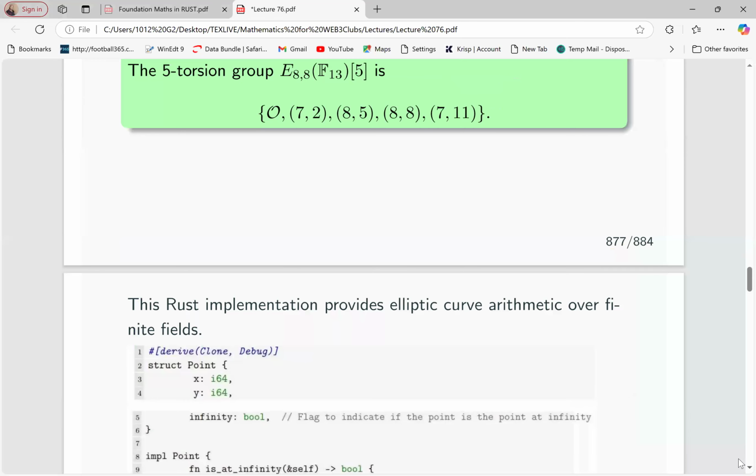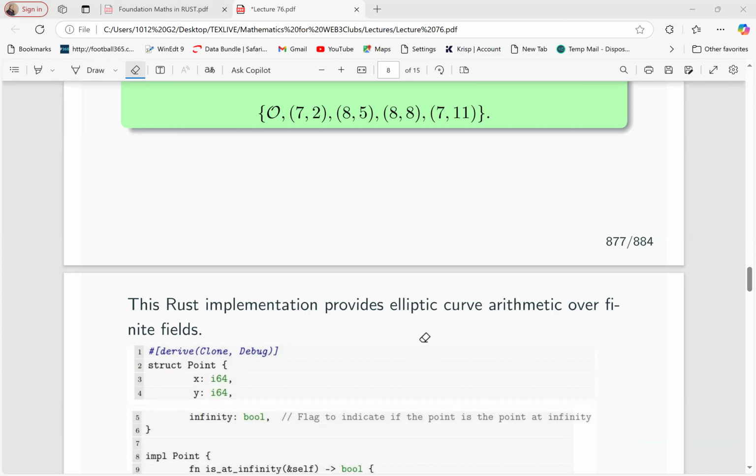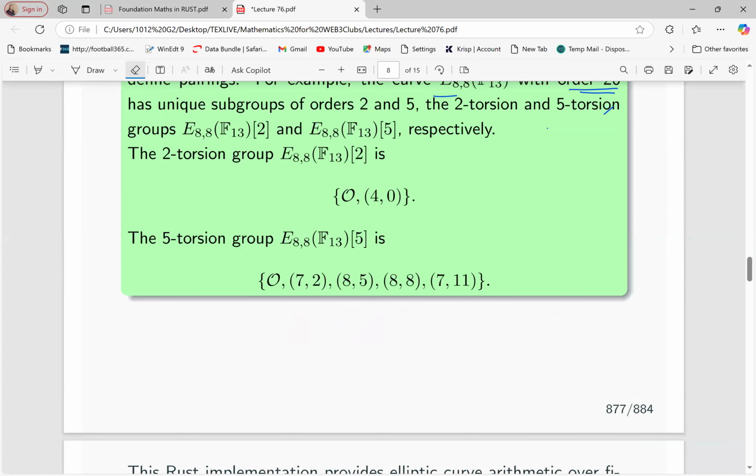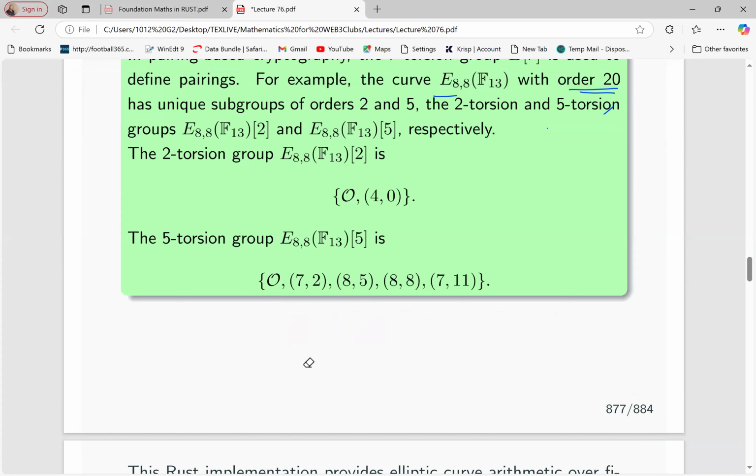Now, the Rust implementation code that I put here is not the one for finding torsion elements. It was just for proving that these are torsion elements. The one that I've added here is for scalar multiplication.